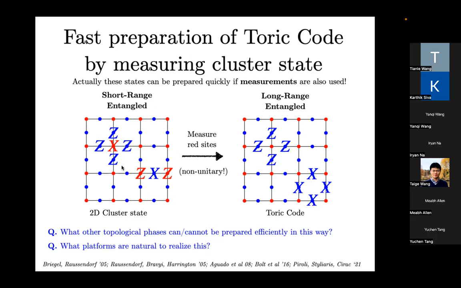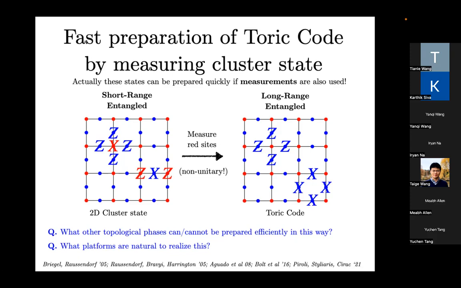Then you just need to go ahead and measure, for example, all the vertices in the X basis. This is a non-unitary process, but doing so allows you to jump from a short-range entangled phase to a long-range entangled phase. So if you use measurements, you can prepare the toric code or a topological phase in a finite depth circuit. So measurement gives a powerful tool to overcome what would usually take linear depth unitarily.